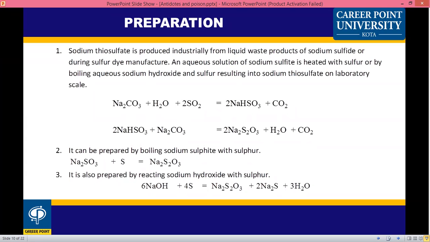Another method: if sodium hydroxide reacts with sulfur, sodium thiosulfate, sodium sulfide, and water are formed.